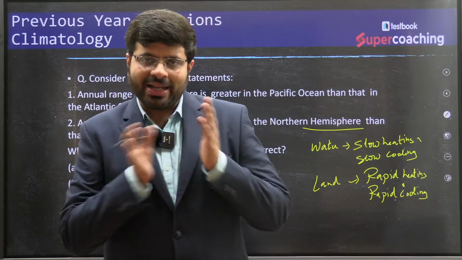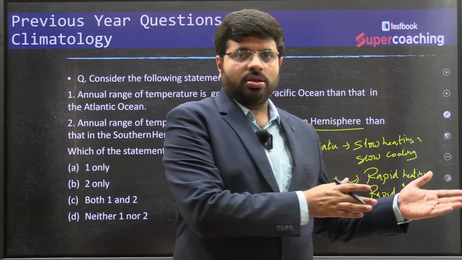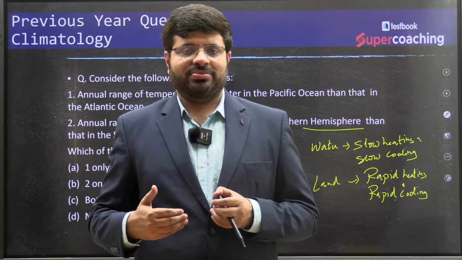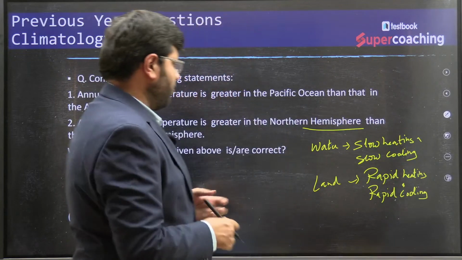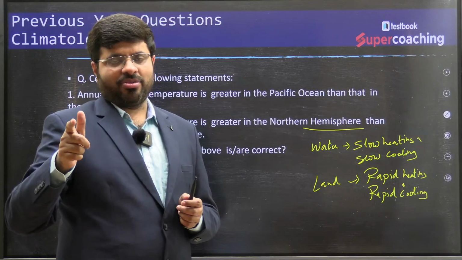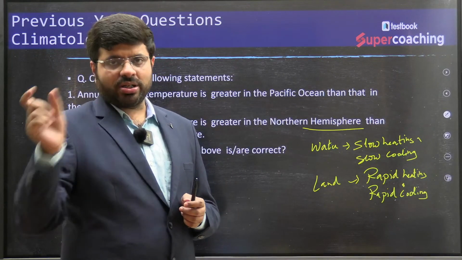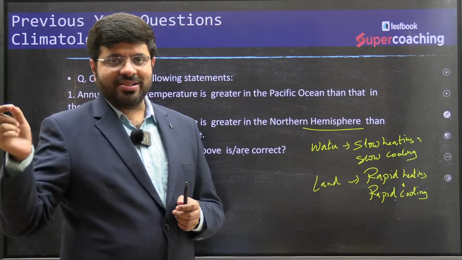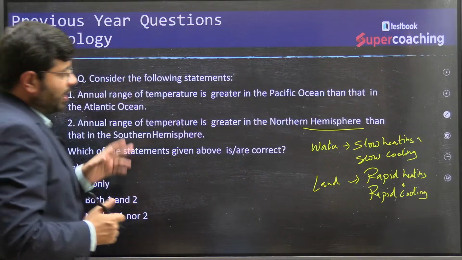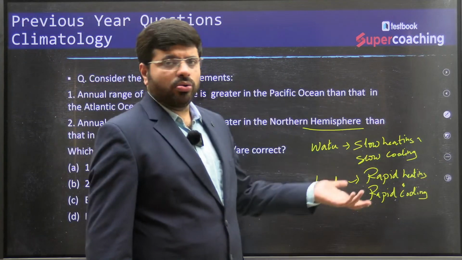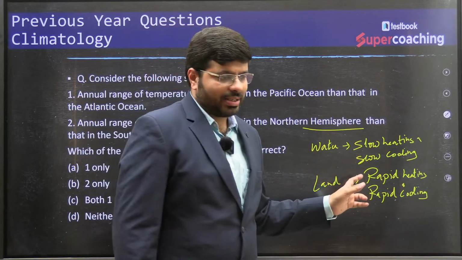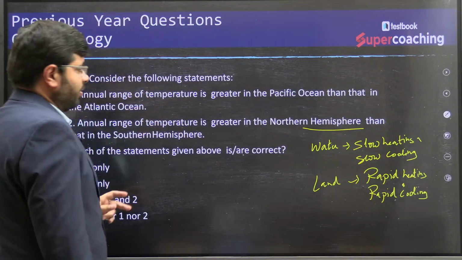So if you provide X units of energy to water, the land will heat up very quickly with about 1/3 of X. So water will take more time to cool, and land will cool rapidly. When you know this as the criteria, apply it here.